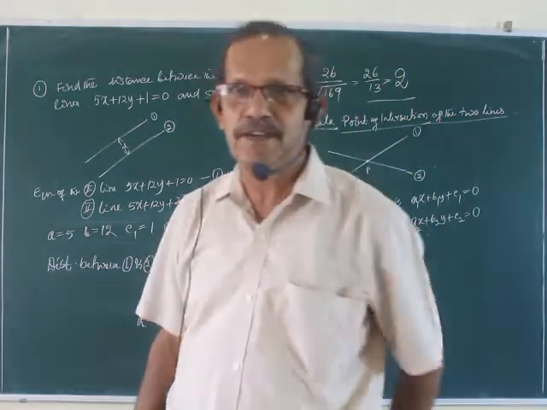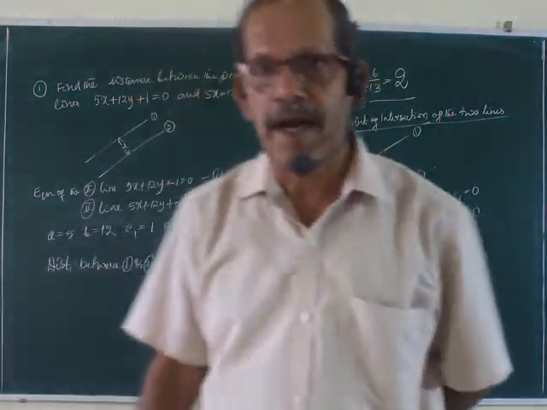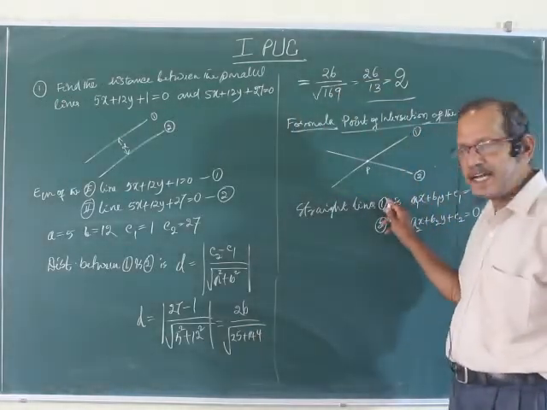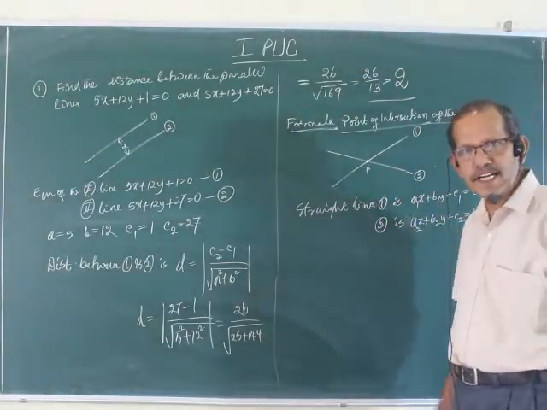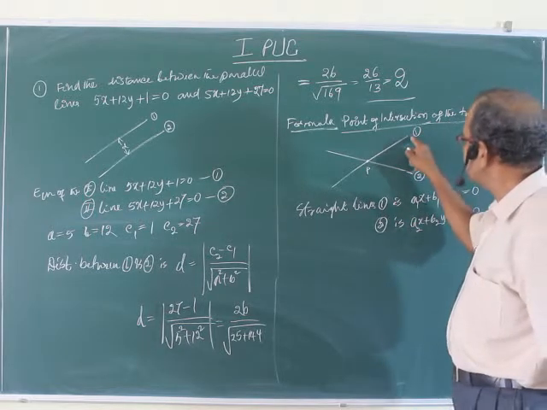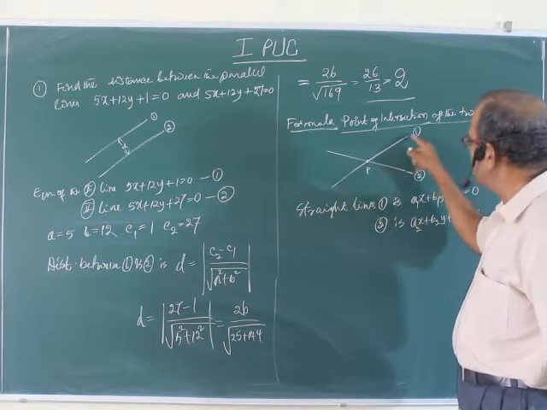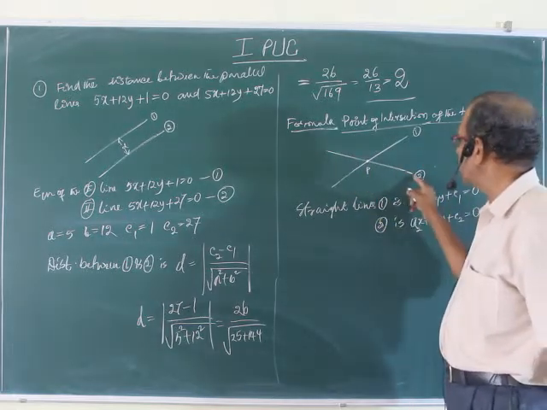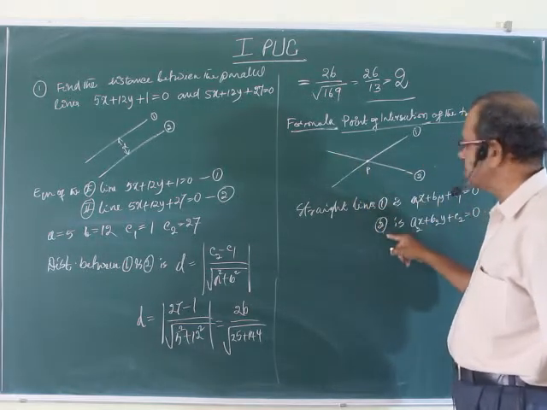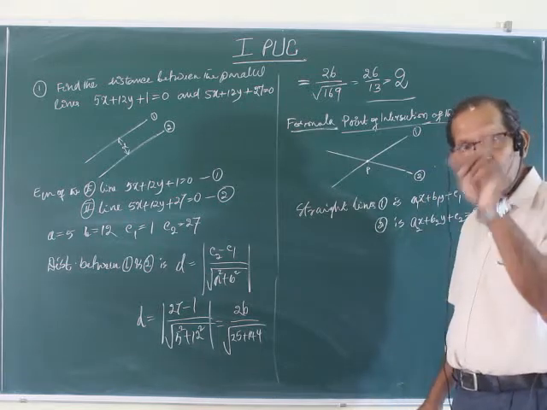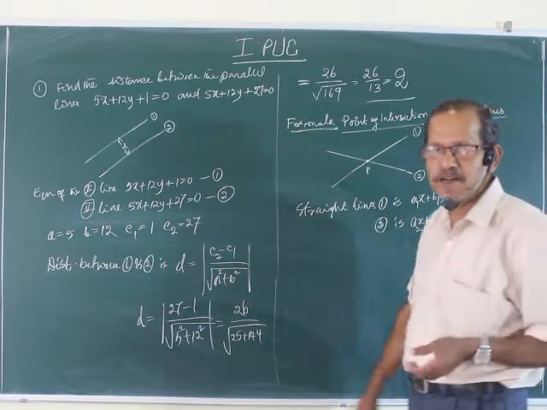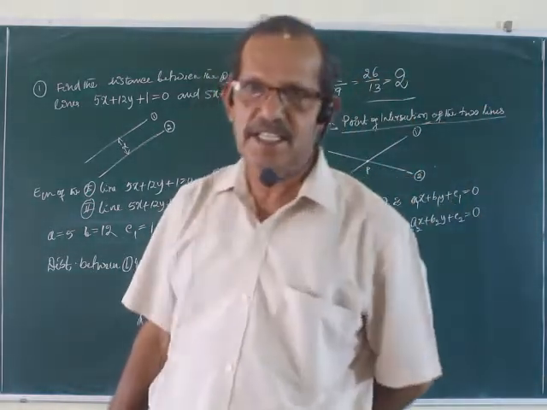That is called a point of intersection. First line means all the points on the line satisfy equation 1. Second line means all the points on the second line satisfy the second equation. But only one point, which is P, satisfies both the equations because it is the point of intersection.